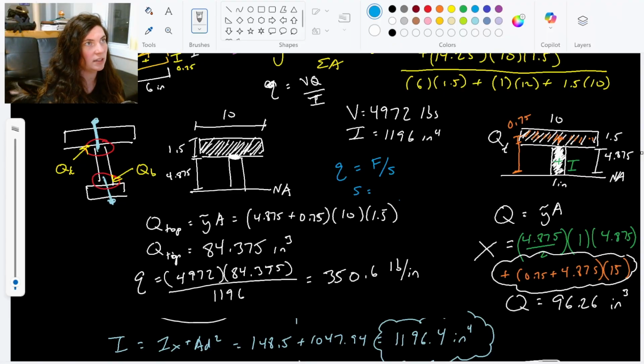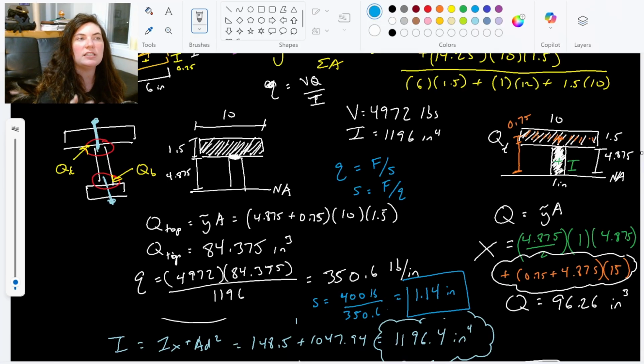So our spacing is going to be F over Q. Spacing is the 400 pounds that each nail can handle over the 350 pound shear flow. Gives us a spacing of 1.14 inches.